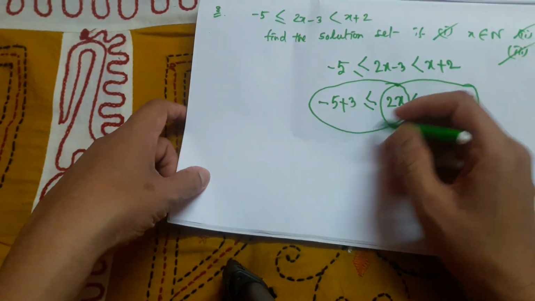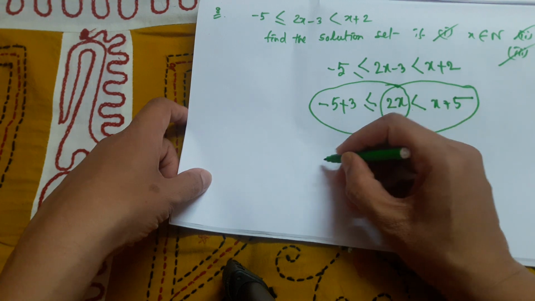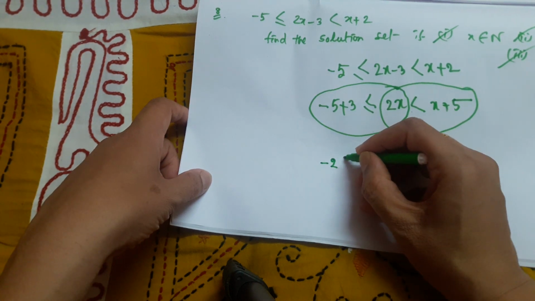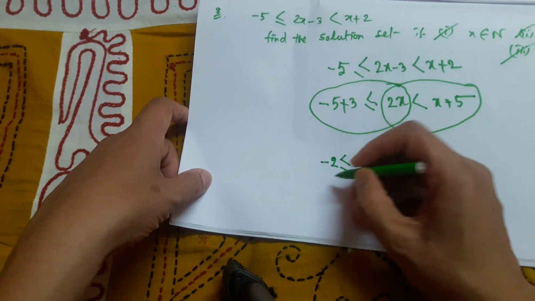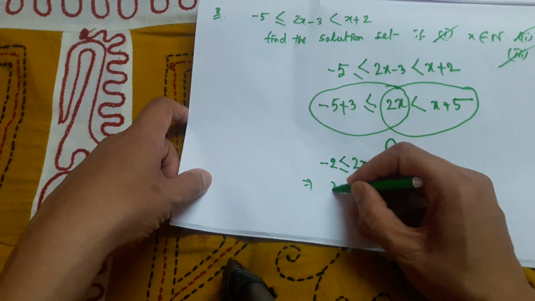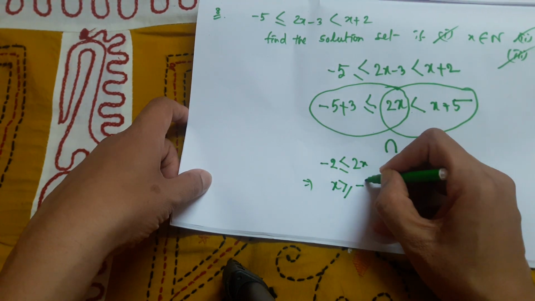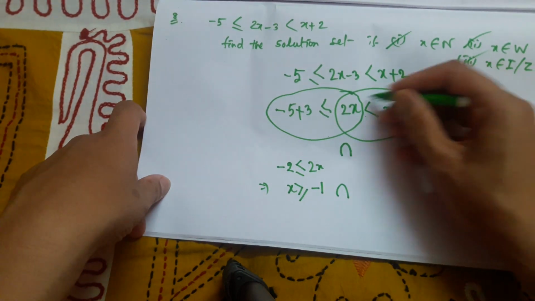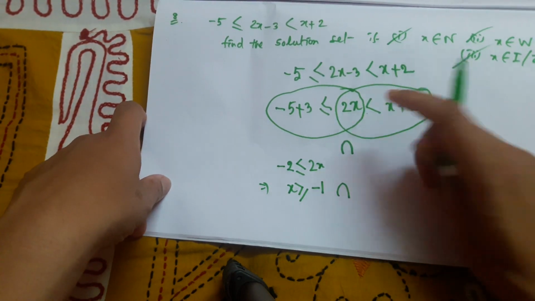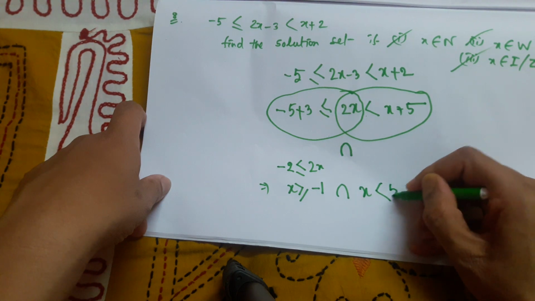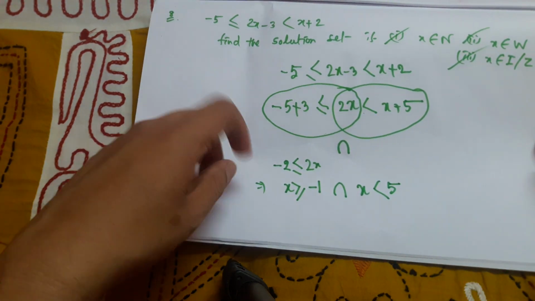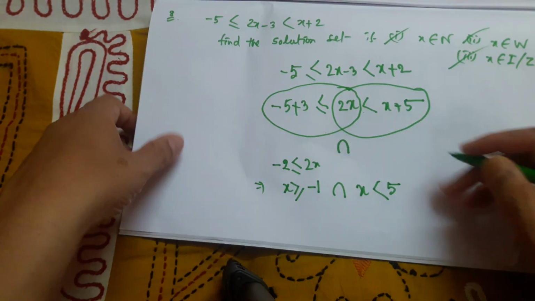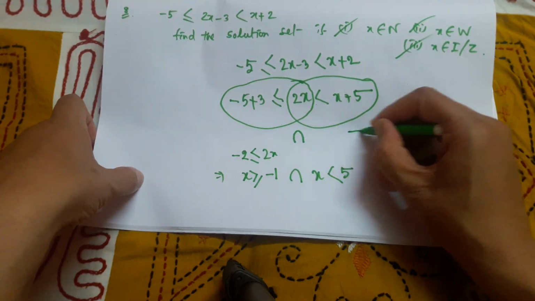Now first, this is minus 2 less than equal to 2x, that means x greater than equal to minus 1. Intersection here, 2x minus x means x less than 5. So we have to take common. Just plot this graph.